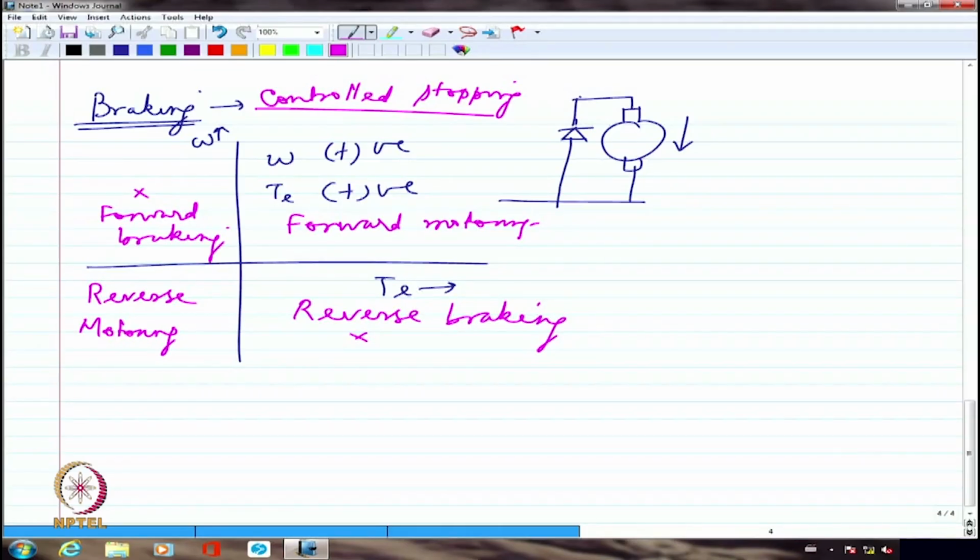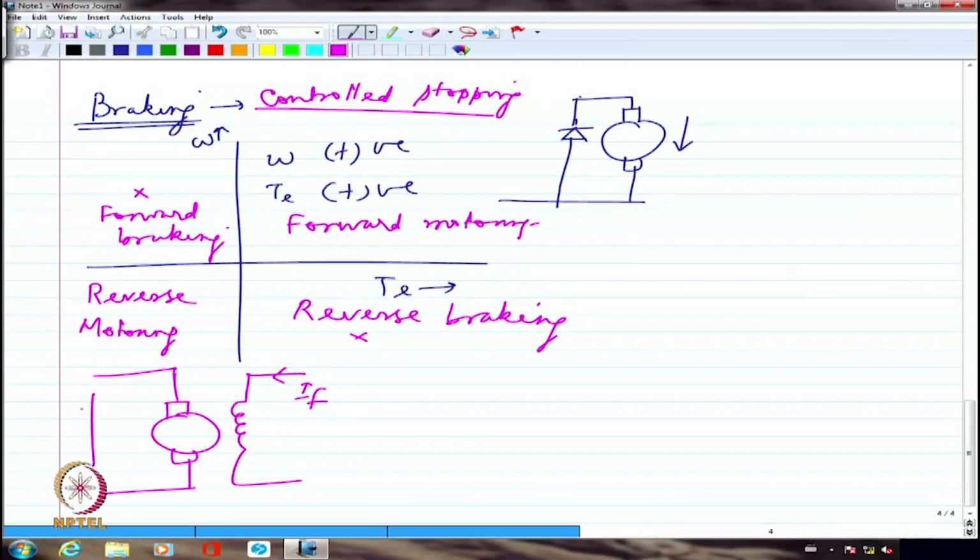Got it? So one of the methods of braking normally employed for a DC motor, let us say this is the normal motoring operation. Here is the field, and this is the armature supply with plus here and minus here.